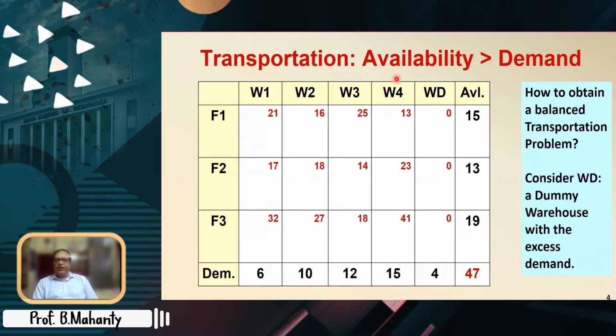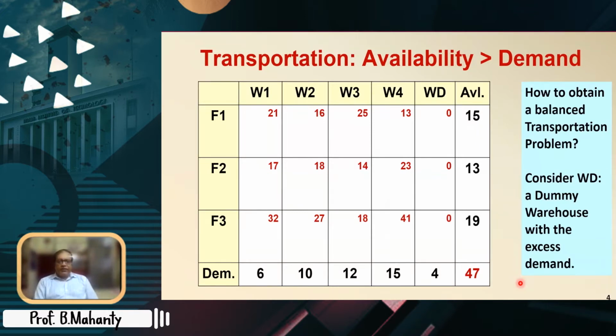So when the availability is greater than the demand, what is to be done is that we consider a dummy warehouse or dummy destination with the excess amount of demand, so that the problem is balanced again.